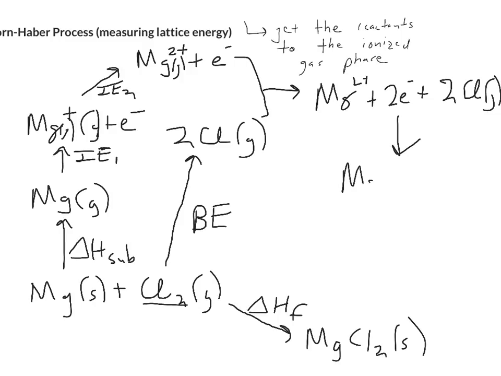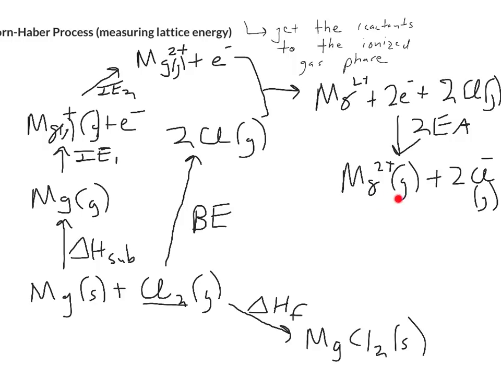So you still have magnesium 2 plus, gas phase, plus 2 moles of chloride minus in the gas phase. That is 2 times the electron affinity for chlorine. There are 2 electrons and 2 chlorines, so 2 electron affinities occur. Now, the goal has been reached.